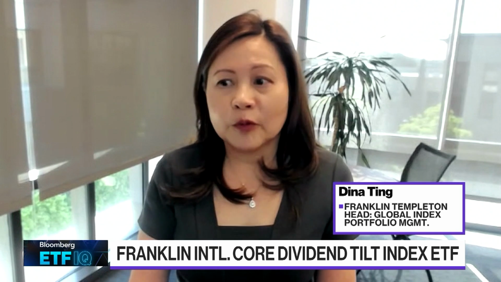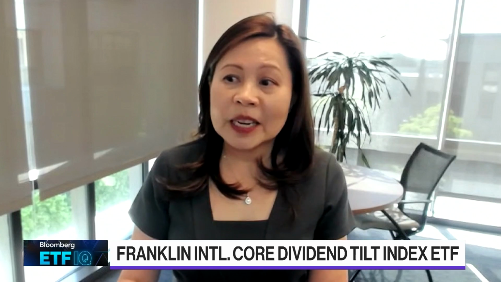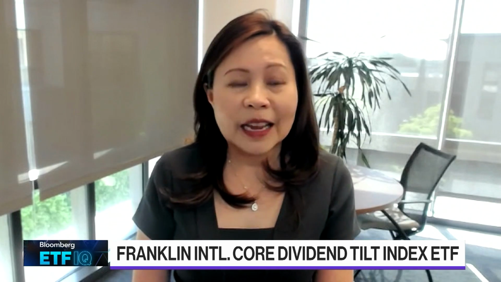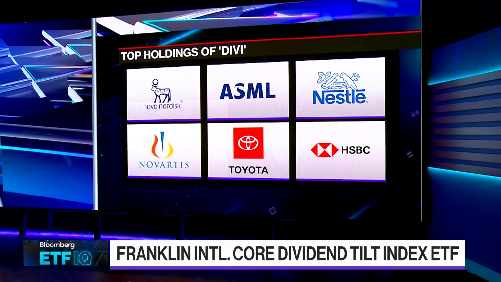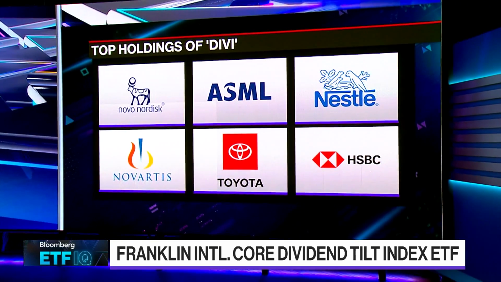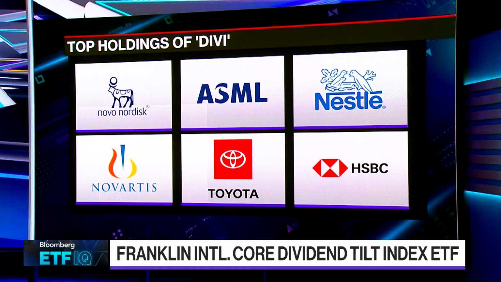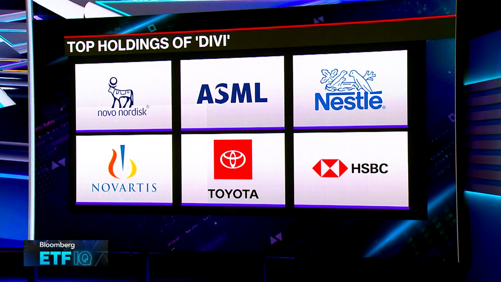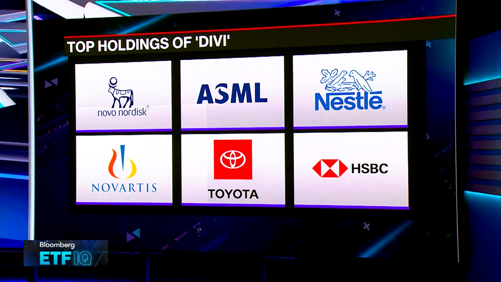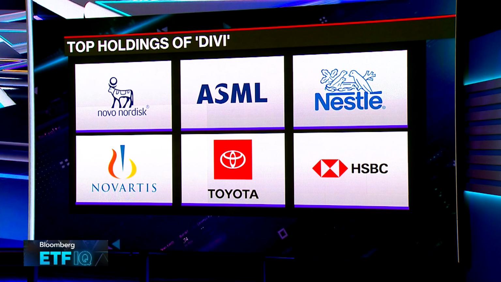Part of the reason why DIVI has been having the performance that you highlighted is because on top of the Novo Nordisk that you highlighted, it also has a few of the names that are helping in the artificial intelligence powering the longer term theme. If you look at all the earnings calls, you're hearing people are spending more and people trying to build the semiconductor chip manufacturing that's powering artificial intelligence.